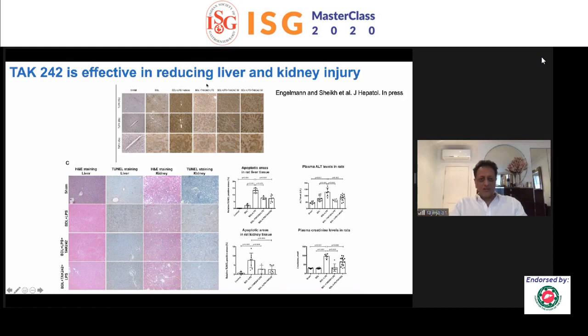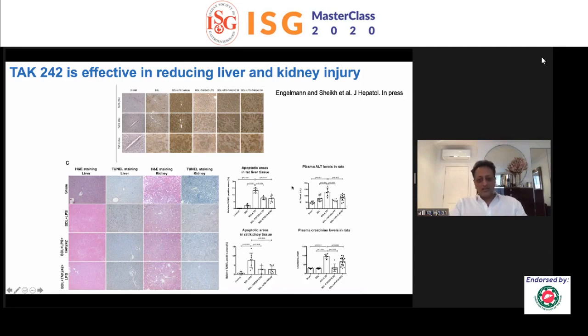If you treat them with TAK-242, you reduce the amount of brown, which is interesting. Here we're showing the TUNEL stain. If you have bile duct ligation plus LPS, there's a lot of brown. If you treat them with TAK-242, there's no more brown. The TUNEL represents cell death. BDL plus LPS shows a very high amount of brown, which is significantly reduced.